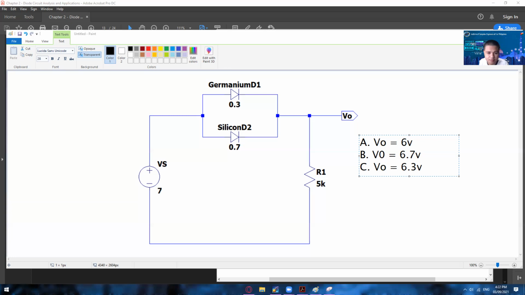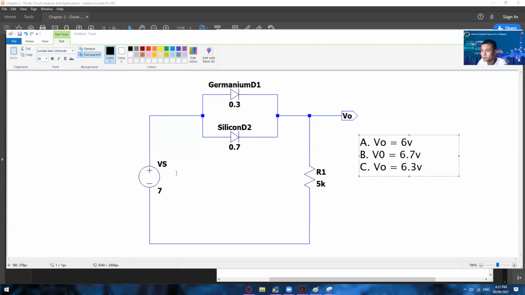I think she's not around. Anyway, what about you, Miss Grace? 6.7. So we have 6 and then 6.7. Okay, so the correct answer is letter B. Yes, maybe some of you were able to get the correct answer. The correct answer is 6.7.